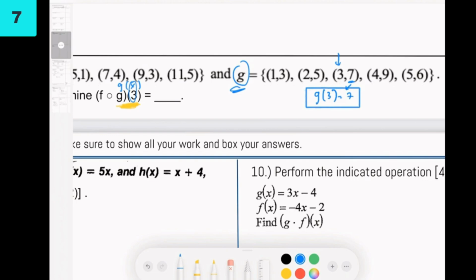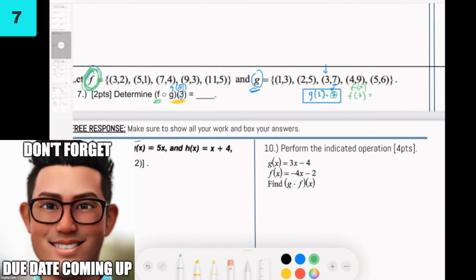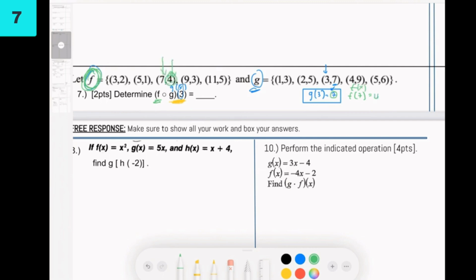Okay. Now I'm basically finding 7 is now my input for f. So f of 7. So now I'm going to go to f over here and look for where my x value, the input, is 7, and the output I want is 4. So my answer is 4.